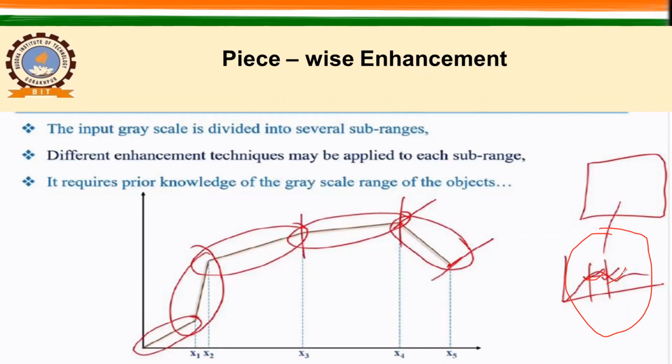And which indicates there is a range of values which are starting from here to here. So this histogram is having different slope. So इसका मतलब क्या होता है, इसका significance क्या होता है कि indicate there is a range of values which are starting from here to here, right?